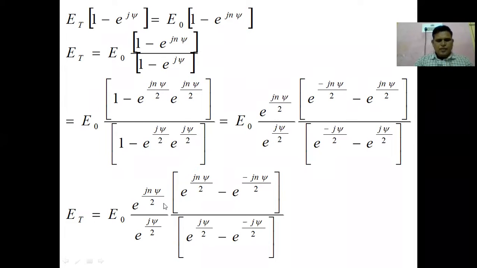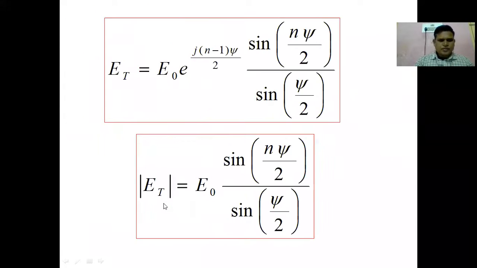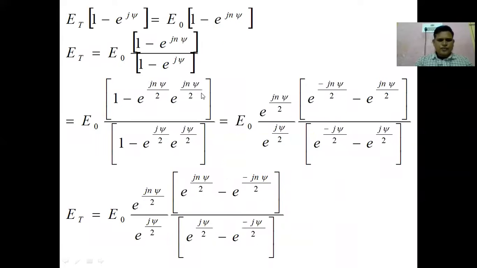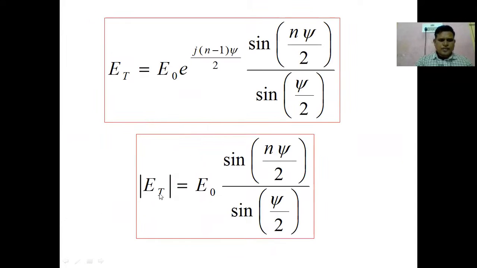Now if you take the common terms, we are getting n psi minus psi, right? Therefore, if you bring out the psi, it is n minus 1 by 2 j into psi, and this is sin n psi by 2 and this is sin psi by 2.